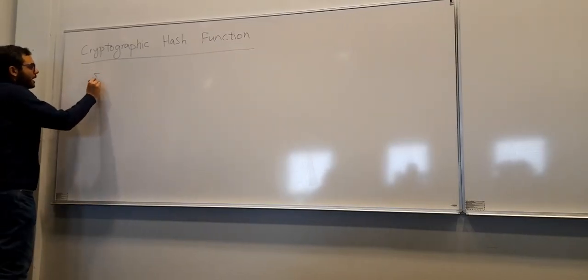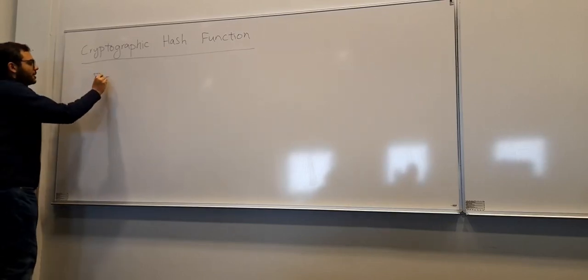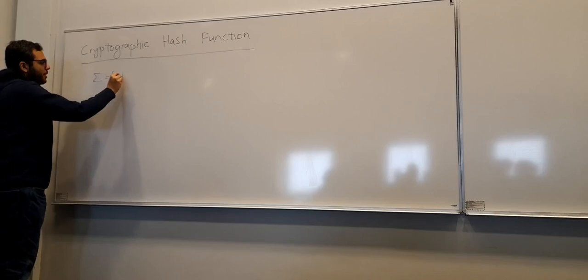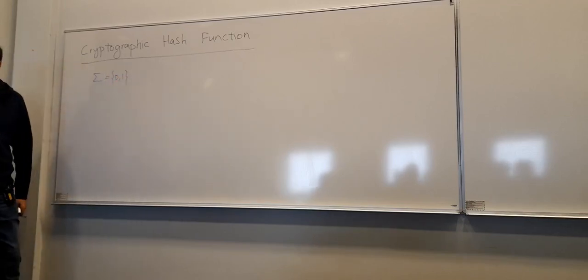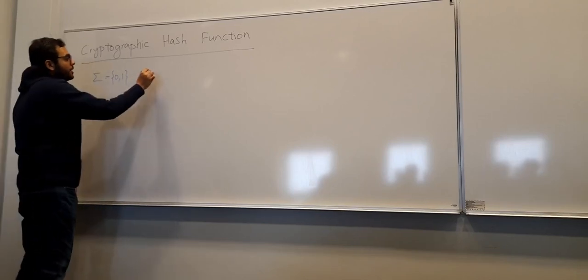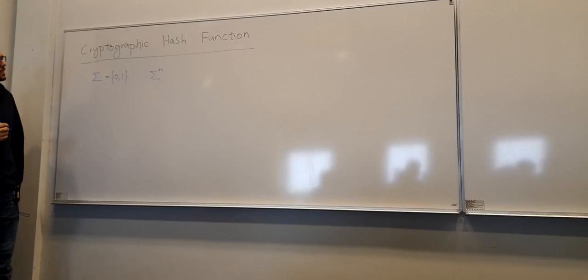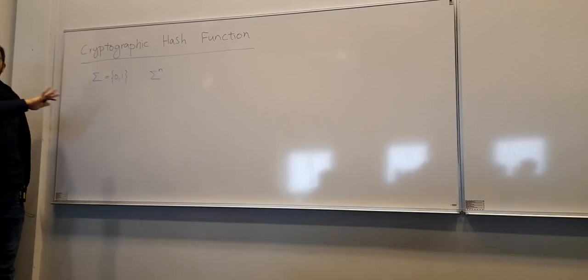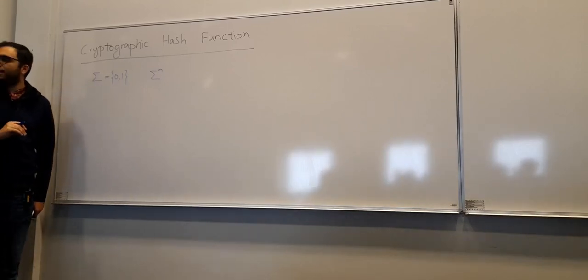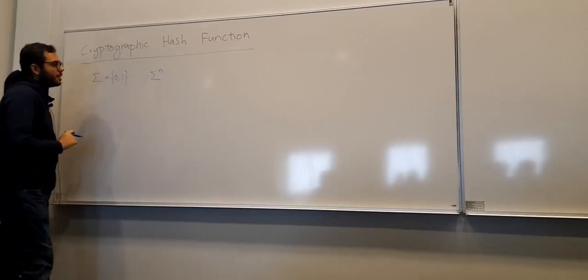So let's say that I have some alphabet sigma, and since we are computer scientists, usually our alphabet is just 0 and 1. So whatever I want to write, I write using this alphabet, right? And then I use sigma n to show the set of all the strings of length n, sequences of length n of my alphabet. So you can think of this as words of length n.